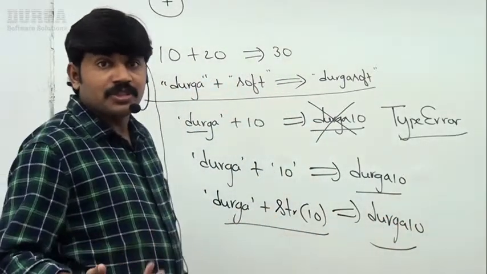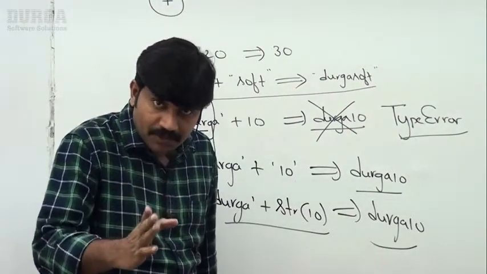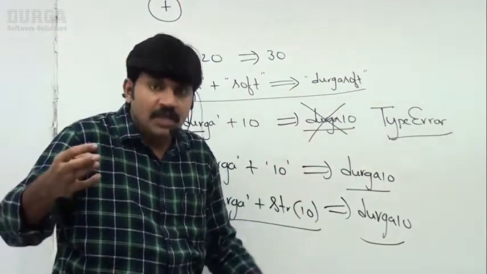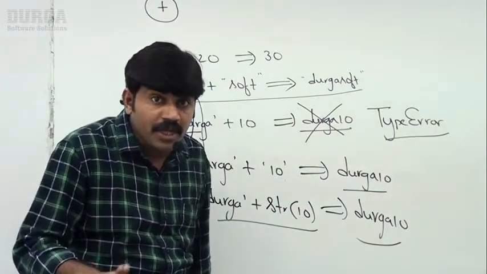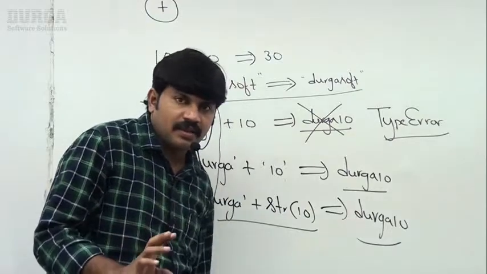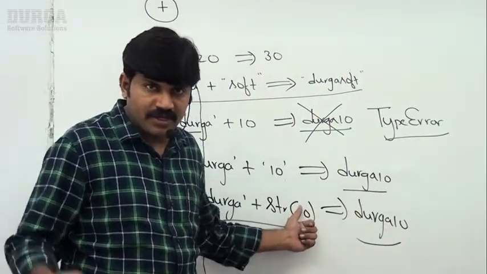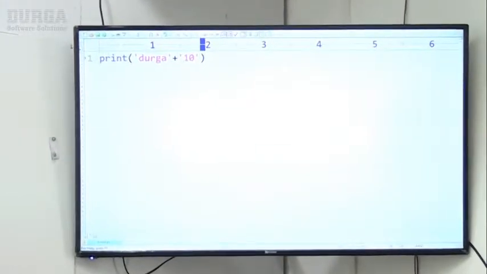Oh, see how much special care we have to take, man. If you are applying the plus operator between two string values, I mean for string objects, compulsorily both arguments should be string type only. By mistake if you take any other type, immediately we are going to get an error. Sir, now I am taking Durga plus 10.